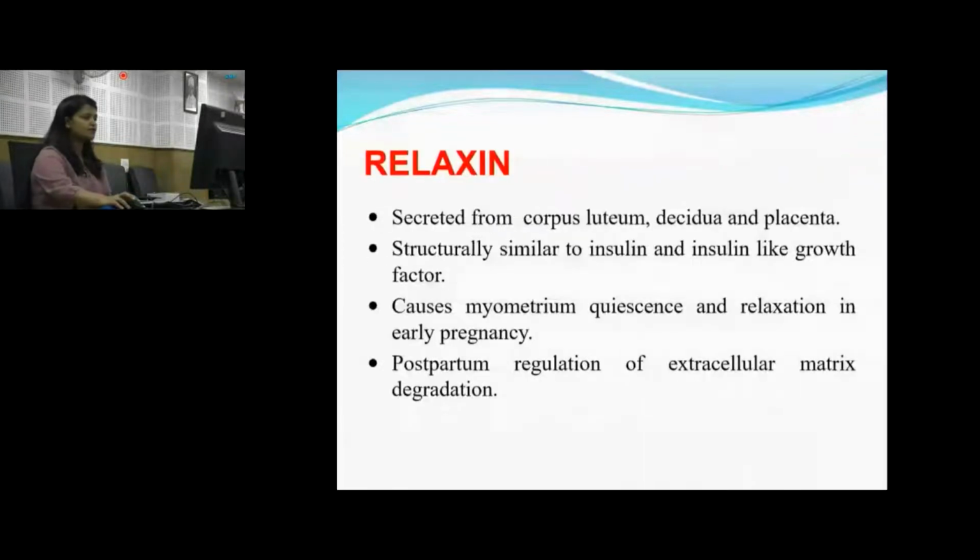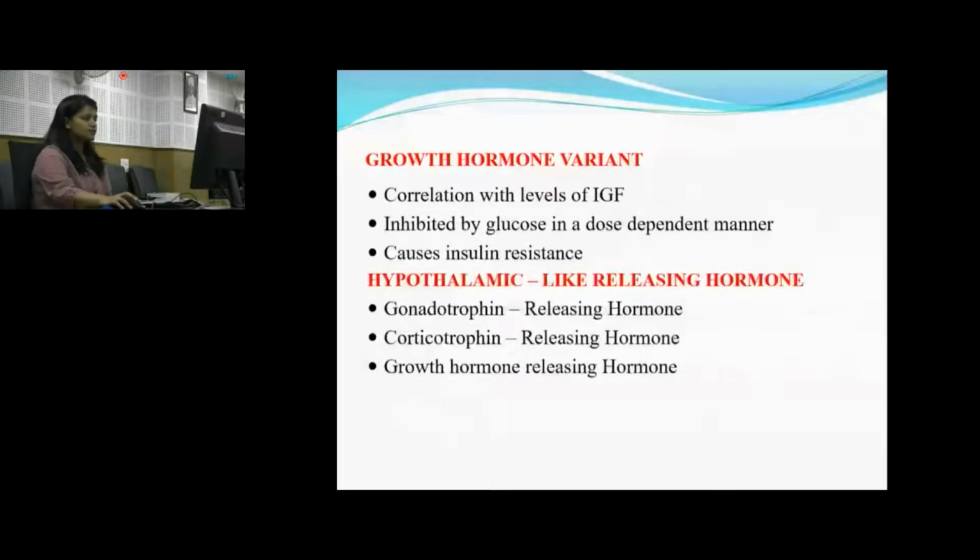Relaxin is again a hormone which causes myometrial quiescence and relaxation, and so it is responsible for holding the pregnancy. It also causes relaxation in various joints and ligaments during pregnancy, and also controls the postpartum regulation of extracellular matrix degradation.